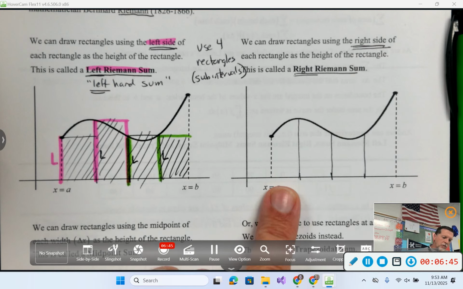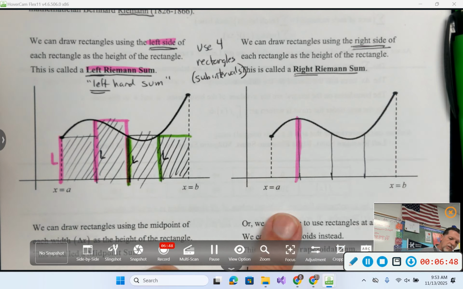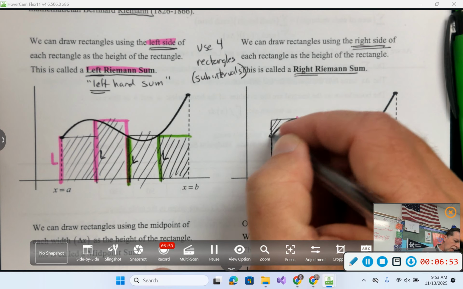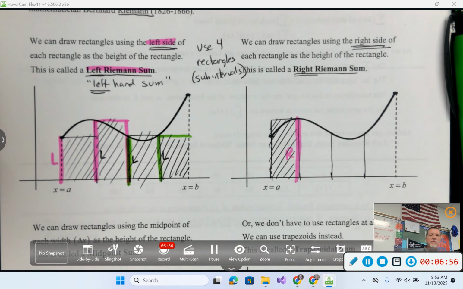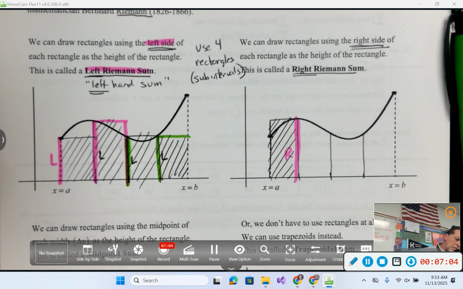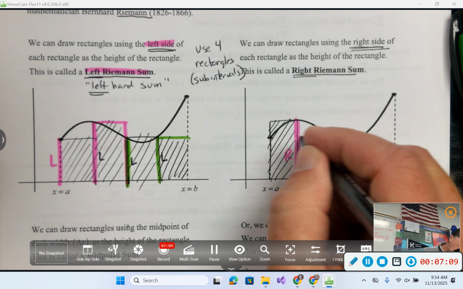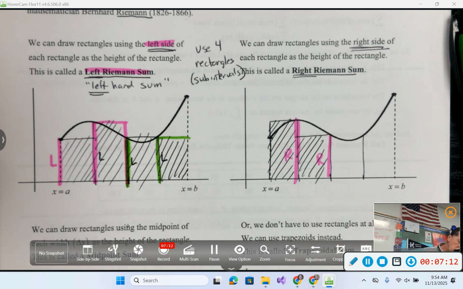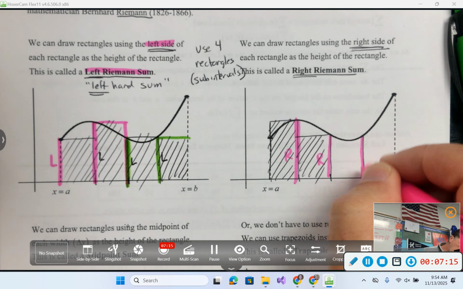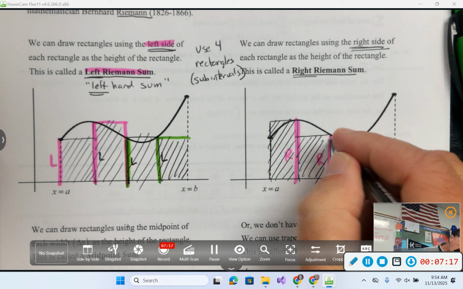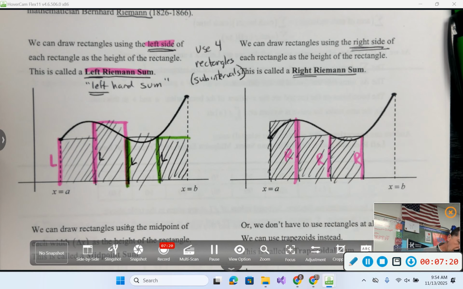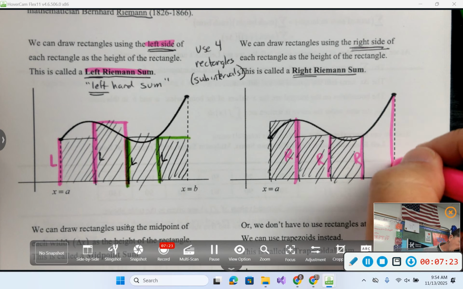So if I look at my first rectangle, I'm going to use that height, the right-hand height, to make a rectangle. And that rectangle is bigger than the curve, but that's okay. My next rectangle, I would use this height. And the next one would be this height. And that last one would be all of that height.